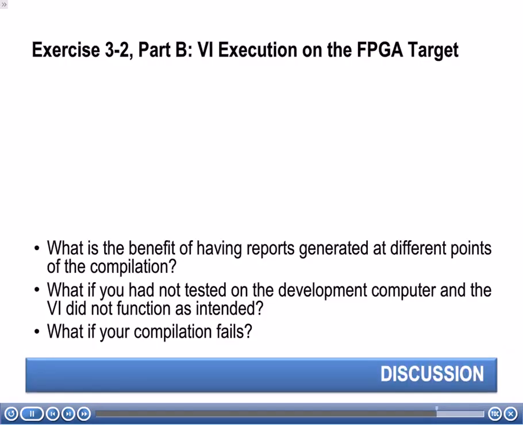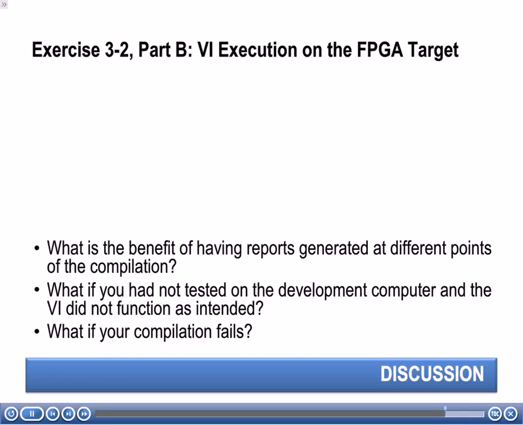Okay, let's go through some discussion questions. What is the benefit of having reports generated at different points of the compilation? What's the benefit of having the estimated utilization show up first, and then the final device utilization, and then the estimated timing and things like that? One of the main benefits is that you can see early on if your compilation might fail.